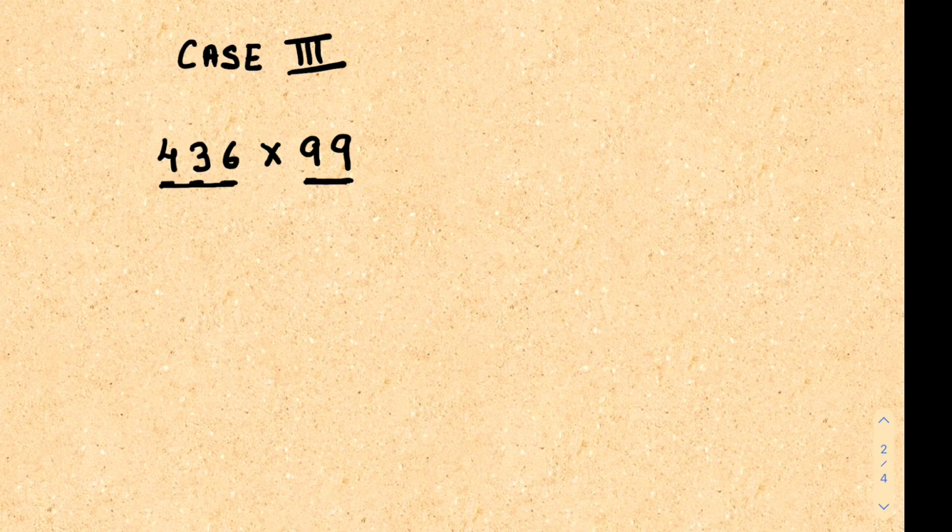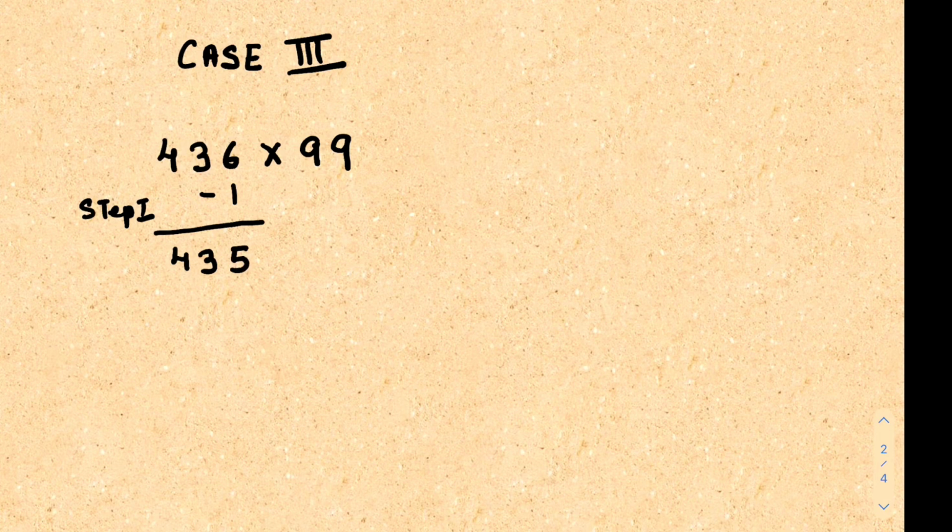In such a case, what we have to do is a little different from the first two cases. See, now step number 1. Here, step number 1 will be to subtract 1. This is same as in the previous cases. So we get 435.